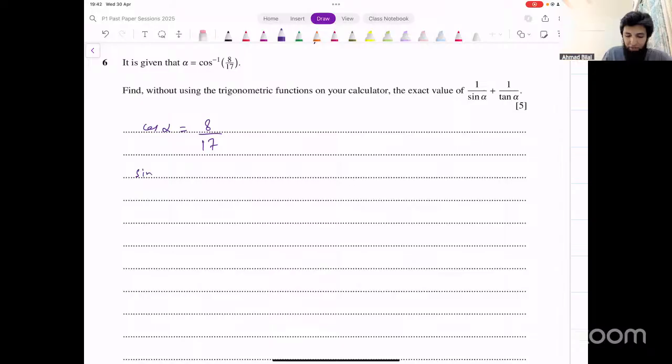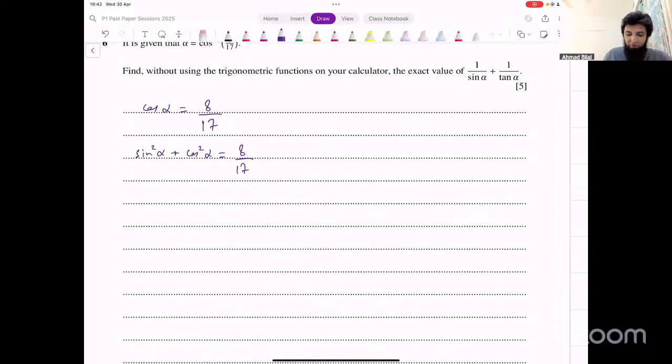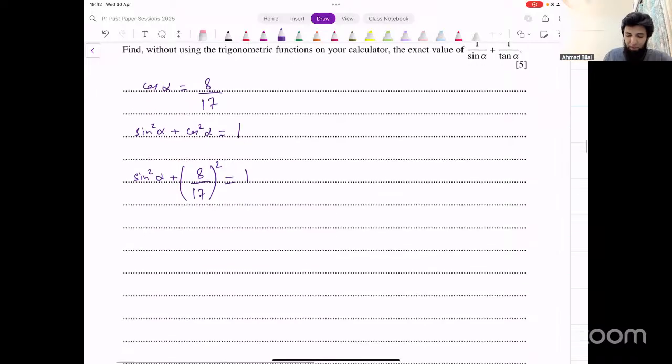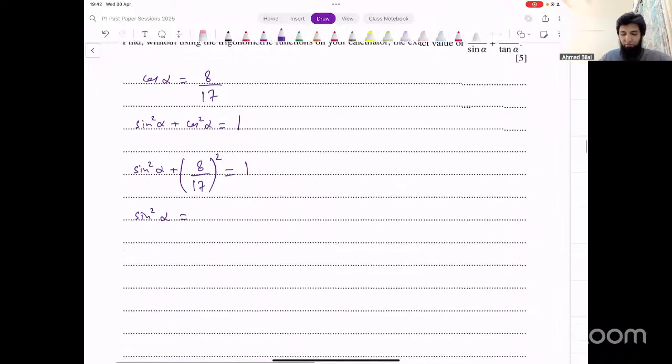You would say sine square of alpha plus cos square of alpha is equal to 1. No, there's something wrong here. Sine square alpha plus cos square alpha is 1. So this equals 1. And now we can say sine square alpha equals 1 minus cos square alpha.